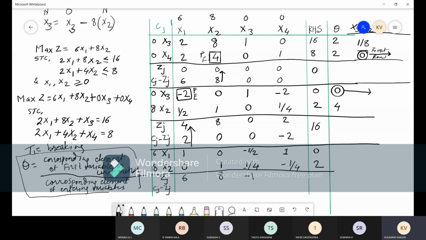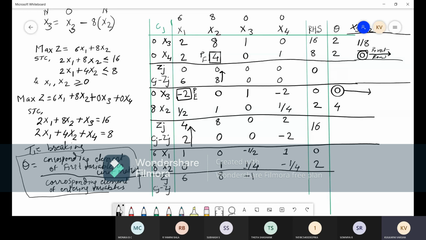Okay, let us check. Next is 6 into 1 plus 8 into minus 1 by 4. So it will be 2.